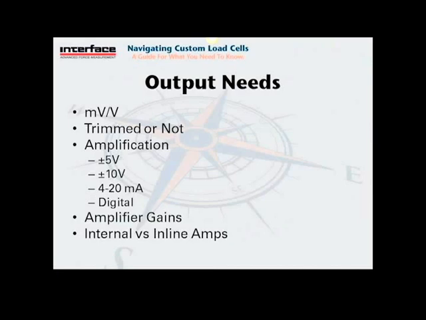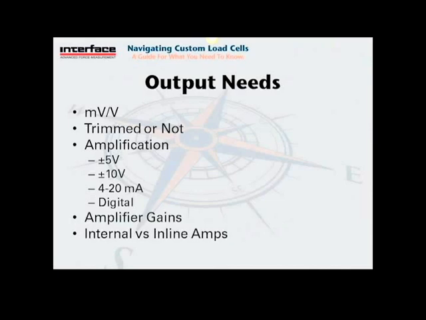Some things to remember with amplification is the basic goal of amplification is to interface the native load cell output to the end user's equipment inputs. You can't really amplify a small signal too large or you start losing the quality of your output.